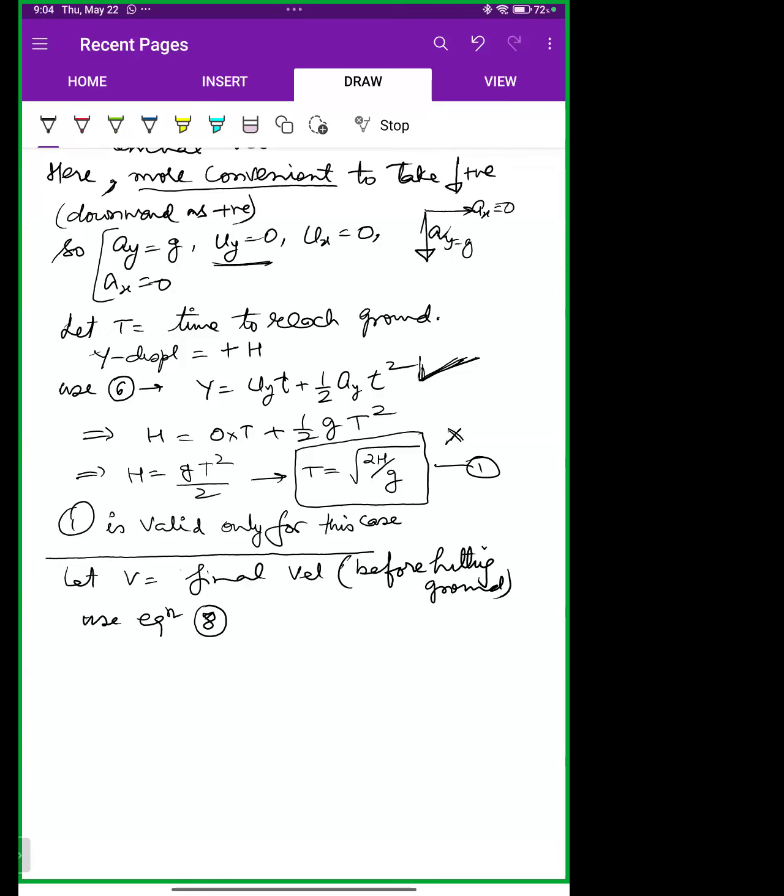So I will not use equation 8, because that will give you confusion. Or use equation 8 modified.